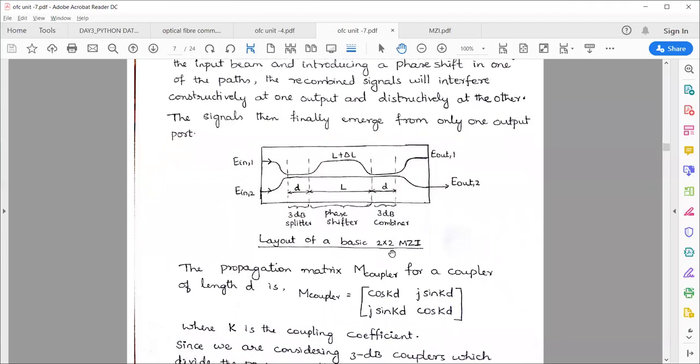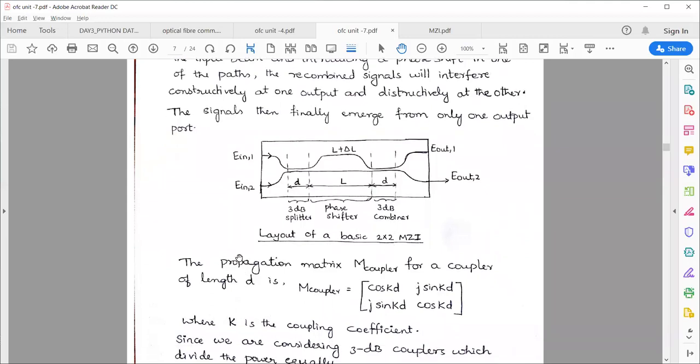Let me move on to understand how the signals interfere constructively at some port and destructively at some other port with the help of a propagation matrix.